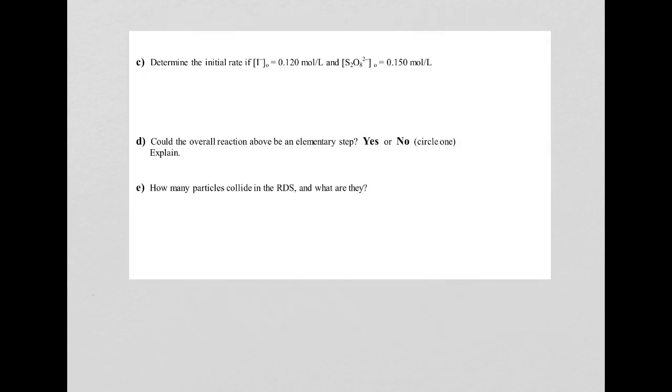All right, last page. It really is the last page. Determine the initial rate if I minus is 0.120 molar and S2O8 minus 2 is 0.150. Now, because you have the rate law and you have the rate constant, you can figure out the rate if I give you different concentrations.